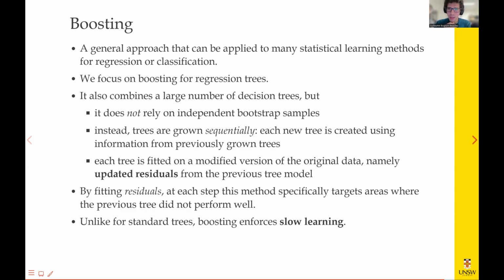Now you might say, why? If the model learns too quickly, it might overfit. So by forcing the model to just make tiny improvements at each step, we prevent it from making too big changes that might actually not be correct, overfit in the sense that you start fitting the noise rather than the real trend in the data.